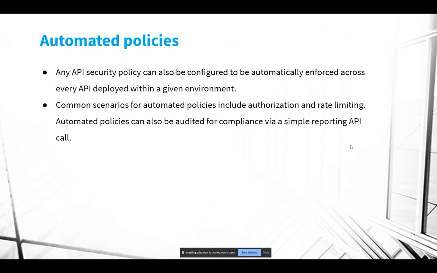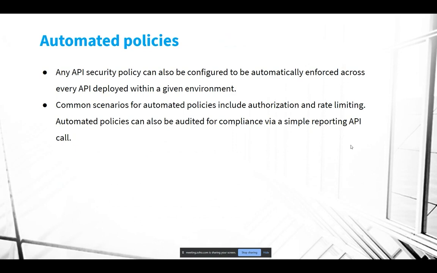Apart from that, whatever policies we have discussed so far, we are applying at the individual level. As part of your NFR, you are assigning those policies one by one to each and every API. But you might have a requirement where you want to assign a few policies by default to each API at the organization level. MuleSoft provides automated policies which you can configure. You should have some admin rights, and you can configure them at the environment level.